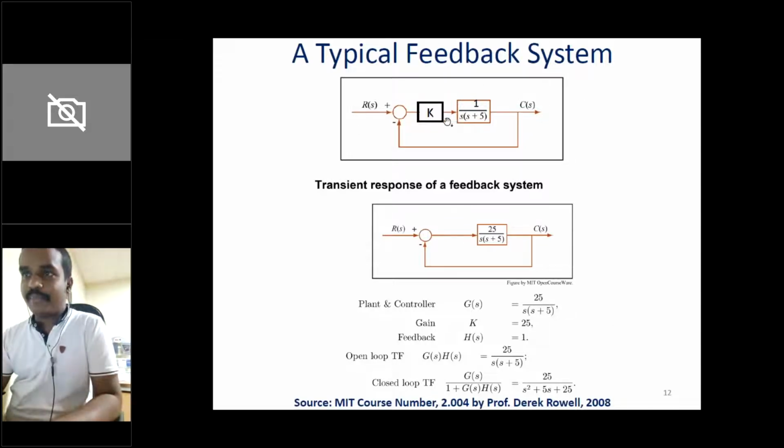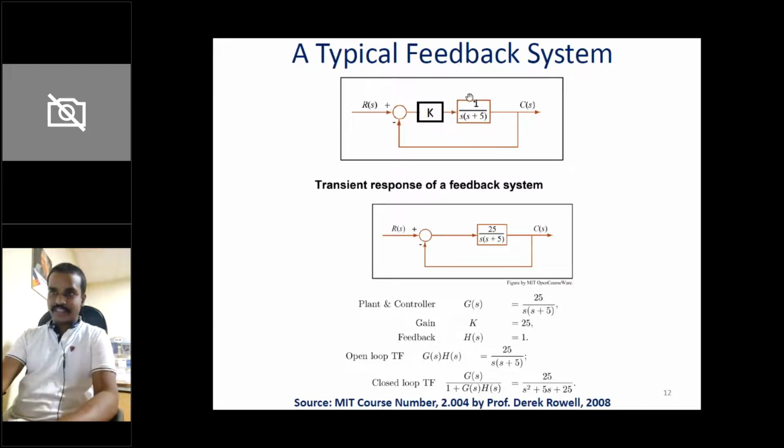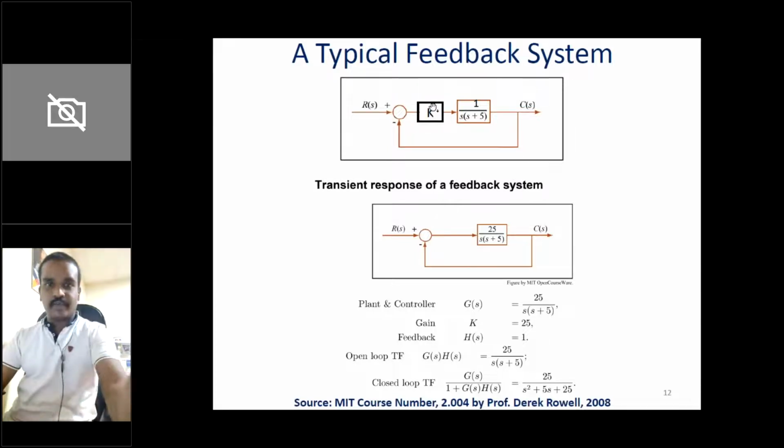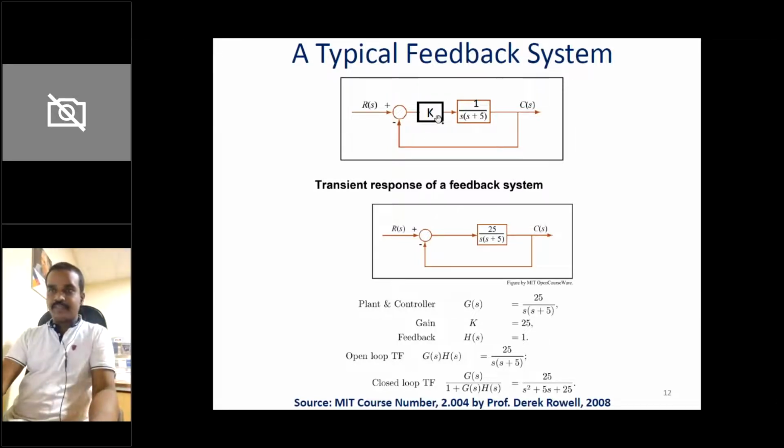So a typical feedback control system will look like this. So this is my plant, G(s). You can see that G(s) is, okay, forget about this 25. What I will say is 1 by s into s plus 5. K is the controller. So what is happening here is this K, I can substitute different values.